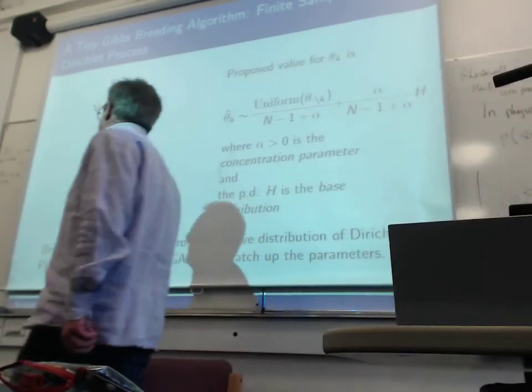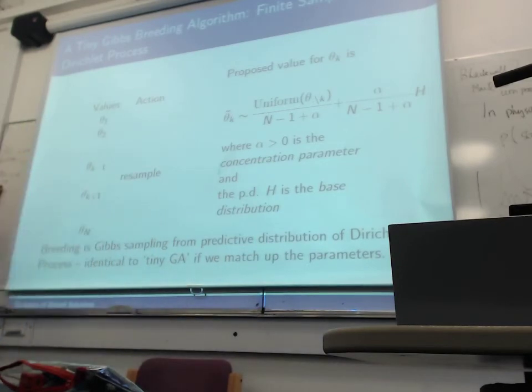Now, the nice thing about this distribution is that this resampling of one from here is exactly the same algorithm as the breeding algorithm from the tiny genetic algorithm.